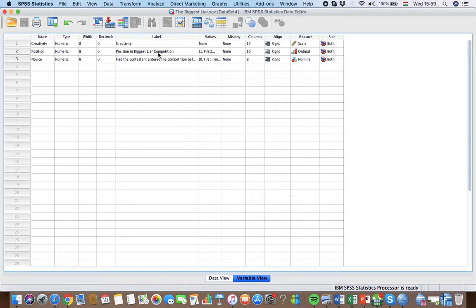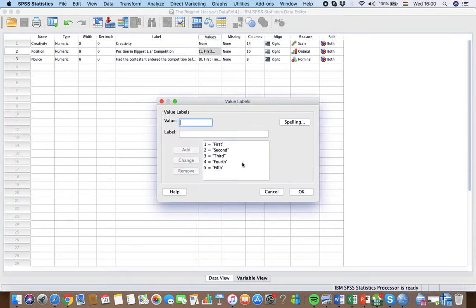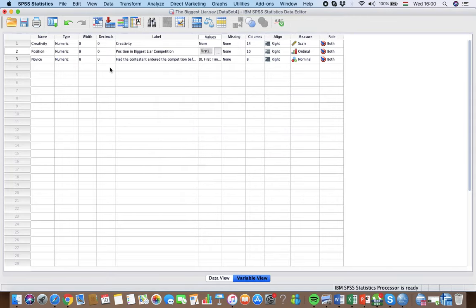It is the Biggest Liar competition, where people are expected to tell tales including big lies that people believe. And a scientist was interested whether creativity has anything to do with the position that people win. So whether more creative people win the first position, or creativity has nothing to do with the position.